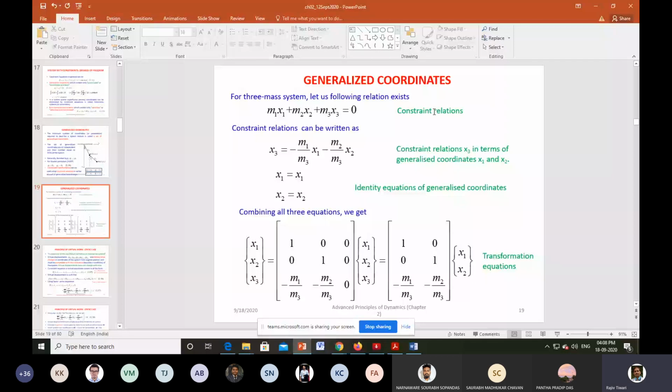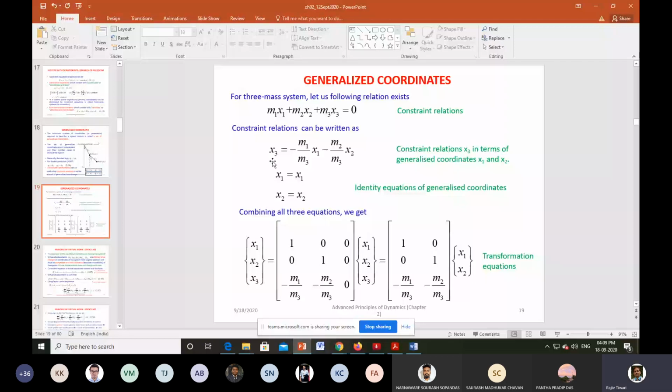Even though this is a 3 mass system, it has only 2 degrees of freedom, x1 and x2. So this relationship can be written in terms of x3: we bring x1 and x2 to the right side and divide by m3, which gives a relationship between x1 and x2 with x3.